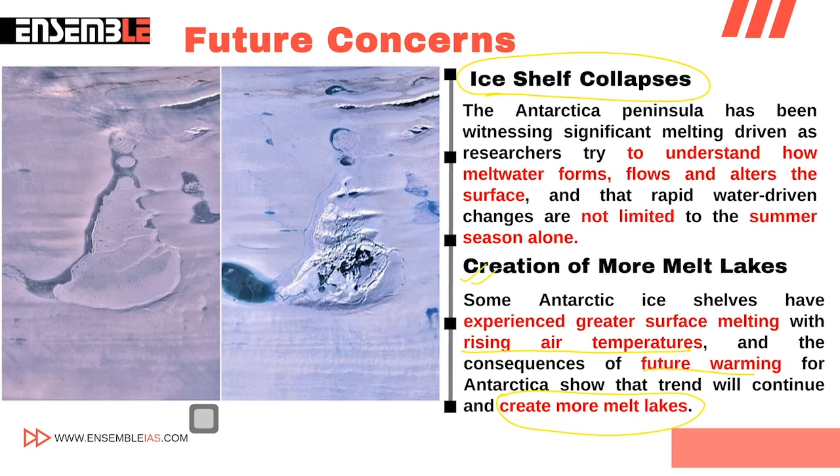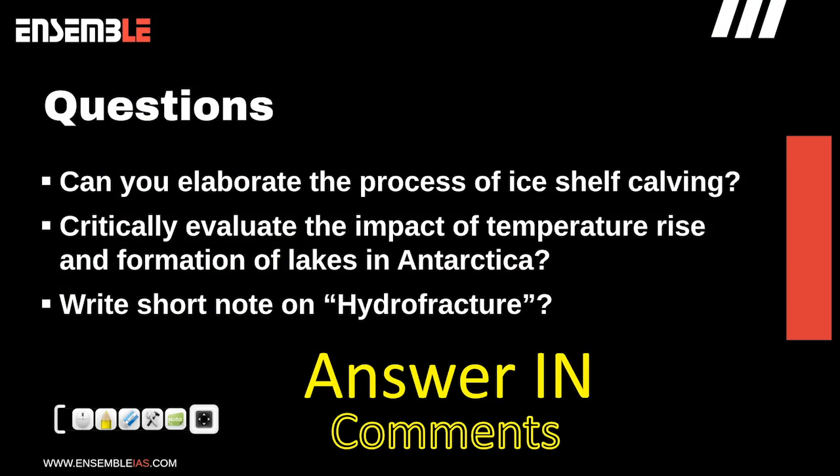Another fact associated with it is that ice shelf collapses are not only limited to the summer season alone. These are happening in winters as well, and researchers are trying to understand how meltwater forms, flows and alters the surface. It is still largely unknown. So for better understanding, more research is going on in this field.